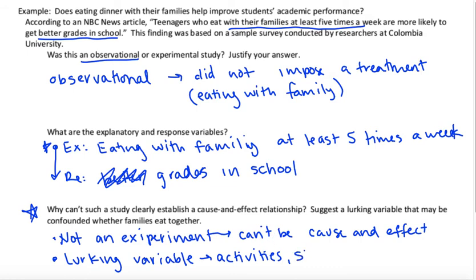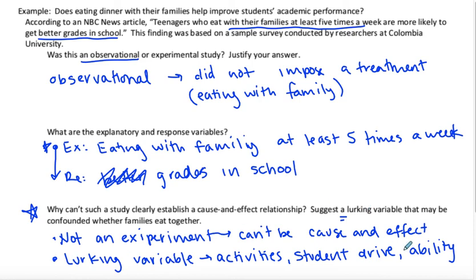It could have been just a student's drive in themselves. So they've set a goal, and so even though they don't eat with their family, or maybe they do, we can't say it's what happened because that student's just driven in school and they want to do really well. It could be ability, that they have a natural ability to get good grades in school, and again, eating with their family had nothing to do with it. So it just said name us one lurking variable, but here's a few that could have been.